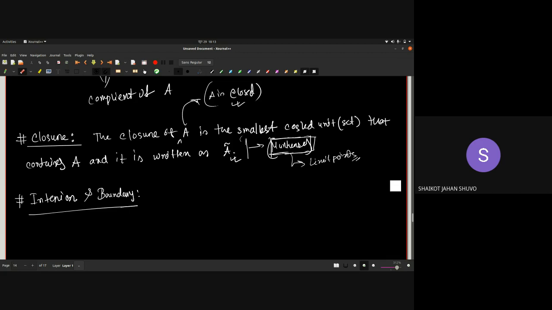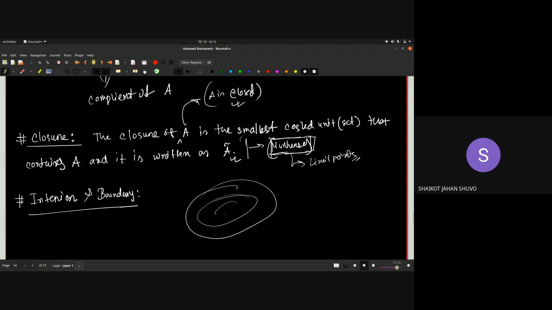Because if you consider something smaller, that won't contain all the limit points, right? And if you consider something bigger, then what's the point of saying that this is the smallest unit? Because you can make a smaller unit that contains all the limit points, right? Like in the closed set, this is one unit, this is another unit, and this is another one.